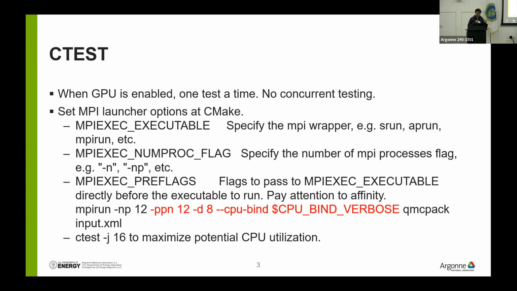However, I do notice in a lot of scenarios when you run CTest, you find slow is actually a problem in the CPU, because some of the MPI launchers, mpirun, mpiexec, jsrun, srun, whatever, by default cluster all the CPU side business on a single core. So you need to pay attention when you configure your CMake.